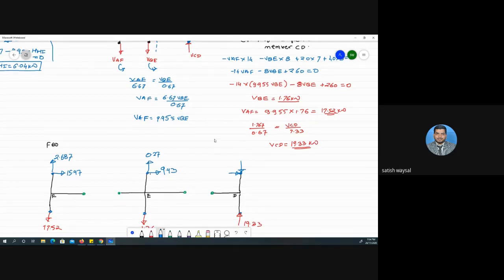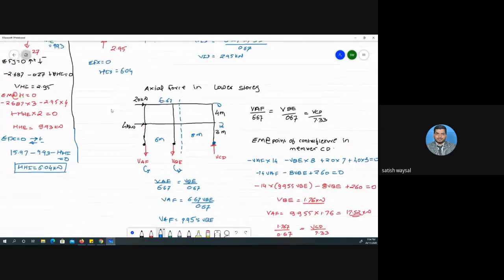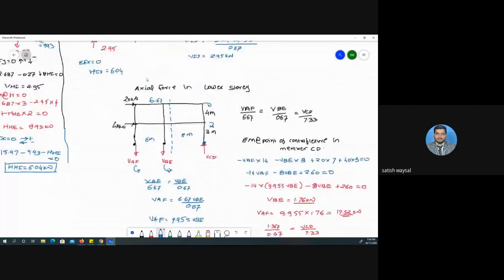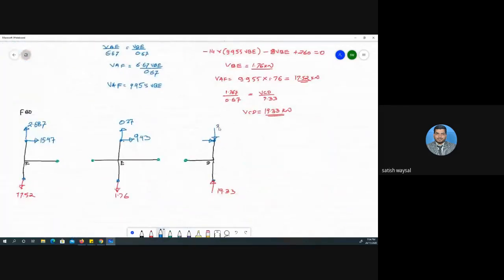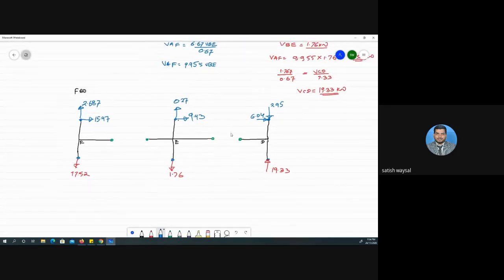And this is 2.95, last one 2.95, 6.0. Okay, now these forces are whatever the forces we have to determine.